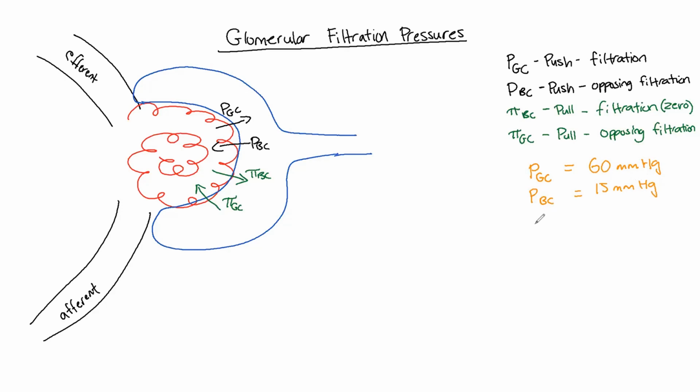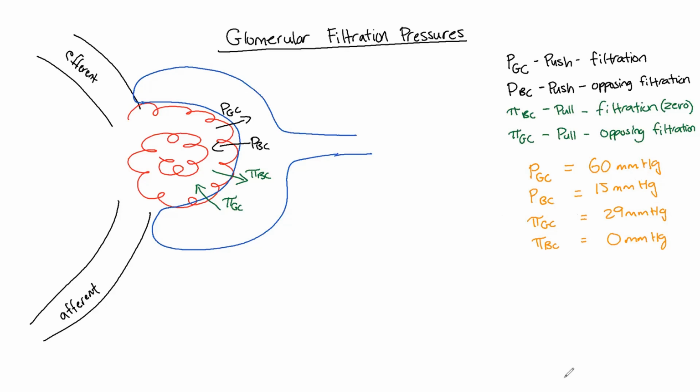And then our glomerular capillary osmotic pressure or oncotic pressure is 29 millimeters of mercury. And lastly, our Bowman's capsule oncotic pressure is 0 millimeters of mercury.